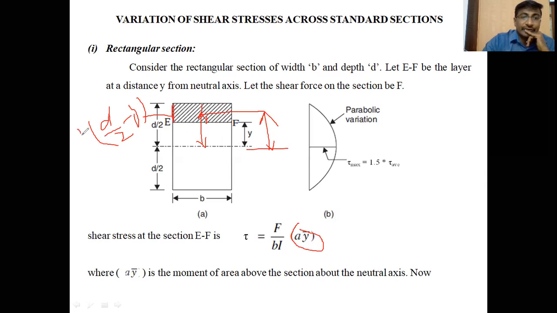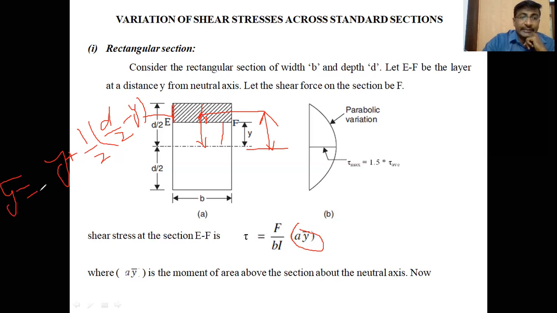The CG is located at a distance of half of d by 2 minus y, because the total height is d by 2 minus y and the shape is rectangular, so the CG is at the center. Therefore, half of d by 2 minus y is the distance from EF to CG. Then the remaining distance is y. So y plus half into d by 2 minus y is the y bar.